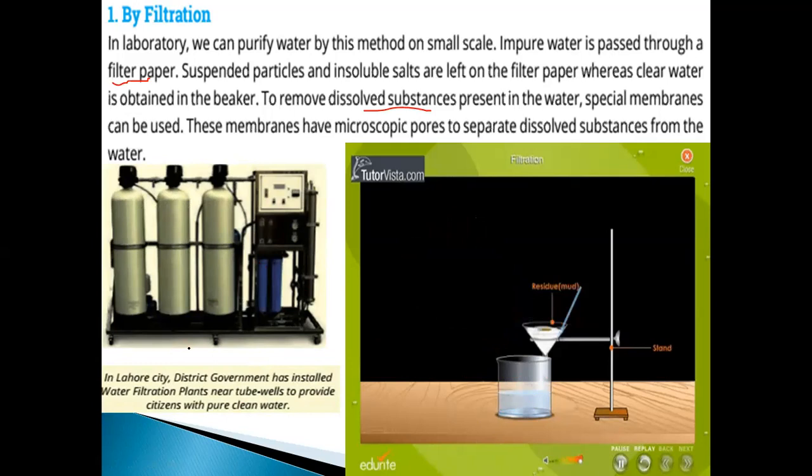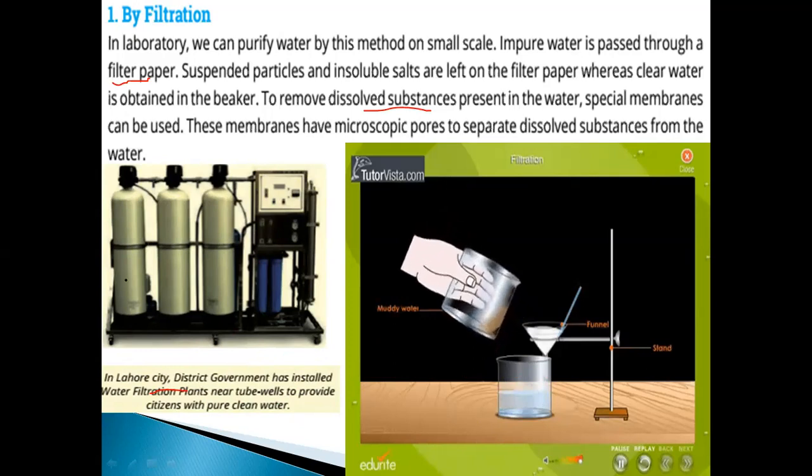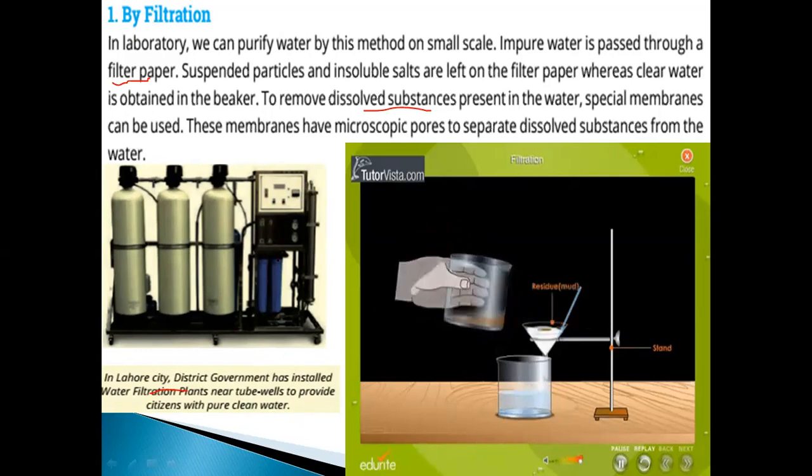This is water filtration plant, which is used near the tube wells in Pakistan, especially in Lahore city. The government has installed that near the water tube wells as well, from where the people can get pure water. And these are very small filters.